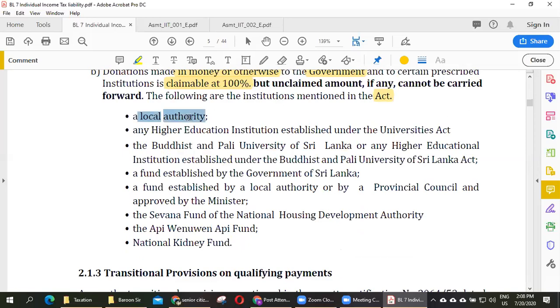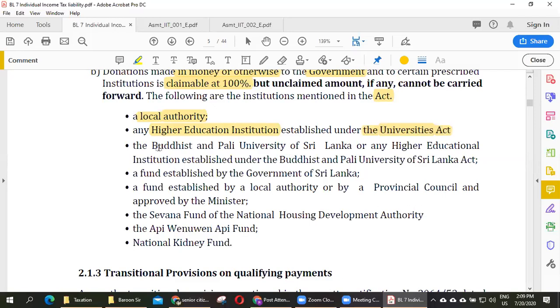First one, the local authority. Local authority means Pradesh Sabha, municipal council, urban council, like that. Then any higher education institutions, say universities, established under the University Act.